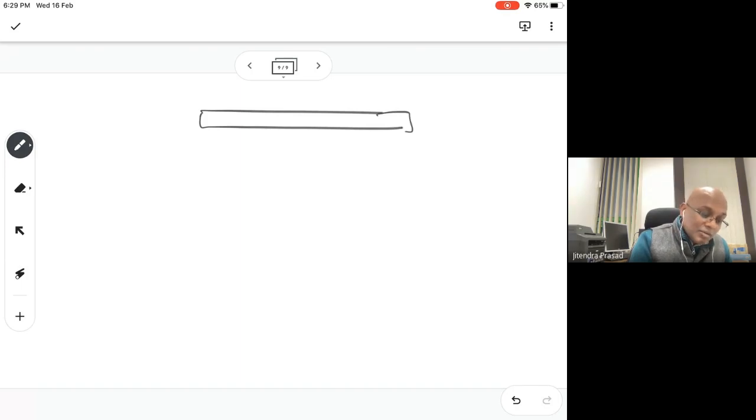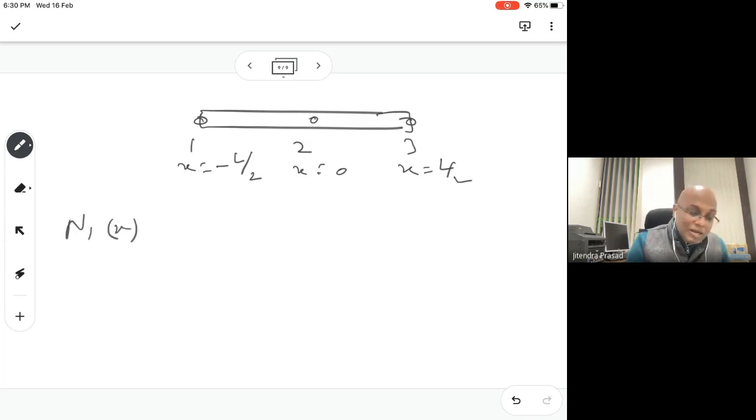Finally, what we want, see here, we have nodes 1, 2, 3. This is x equal to minus L over 2, x equal to 0, and x equal to L over 2. Now we can have N1(x). What do we want? We want it to be 0 here and 0 here, that we have seen.